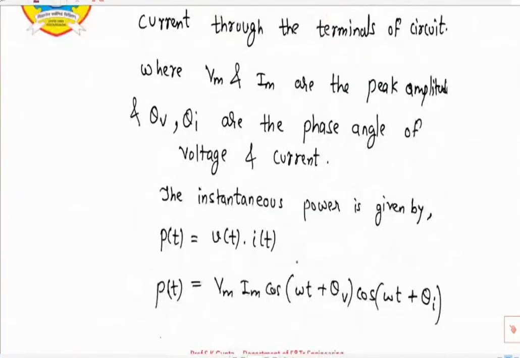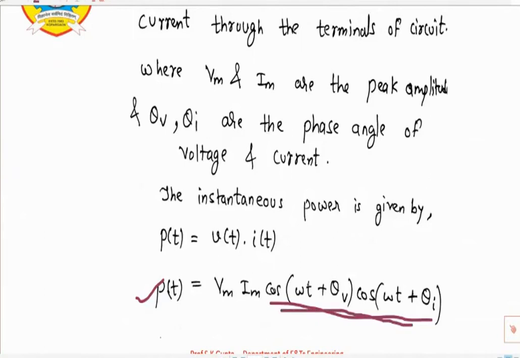Then what is the formula of instantaneous power? V of t into I of t. So just put the values of V of t and I of t. So Vm Im cos(omega t plus theta V) dot cos(omega t plus theta I). To get the simplified equation of instantaneous power, we need to use the cos A cos B formula.